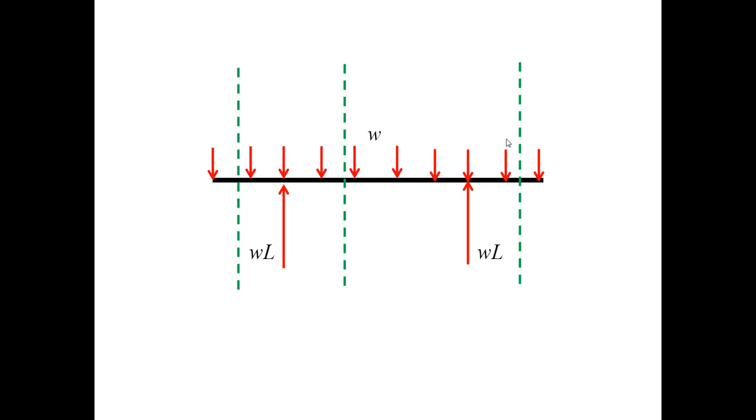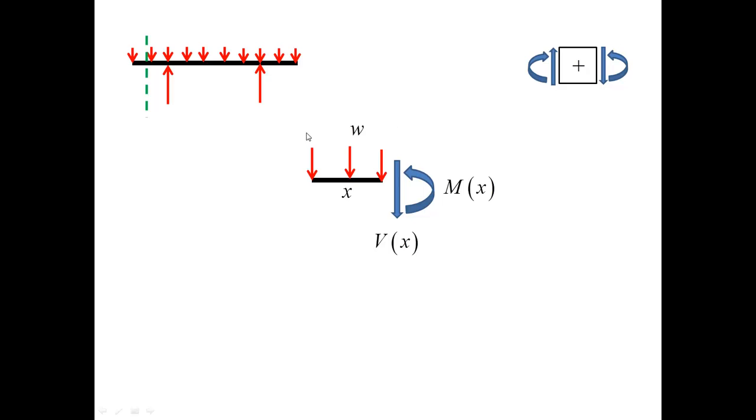Let me begin with the cut on the left. So that's the sign convention, and the free body diagram corresponding to this cut is shown here. Please compare this diagram with the sign convention diagram and convince yourselves that since the cut is on the right, we're looking at the right side of this diagram.